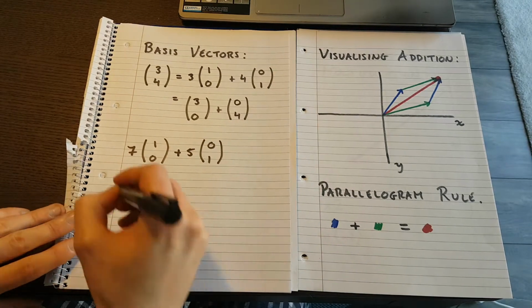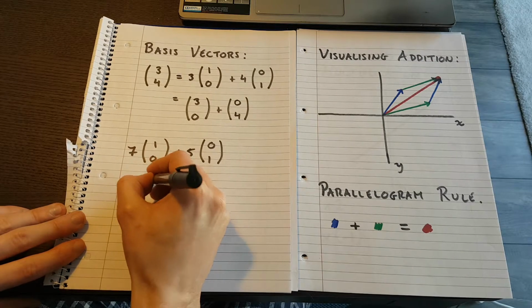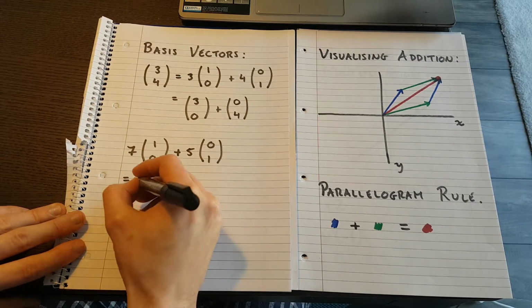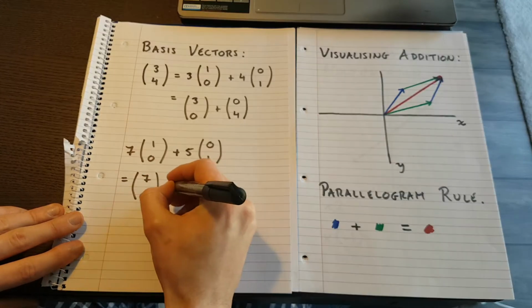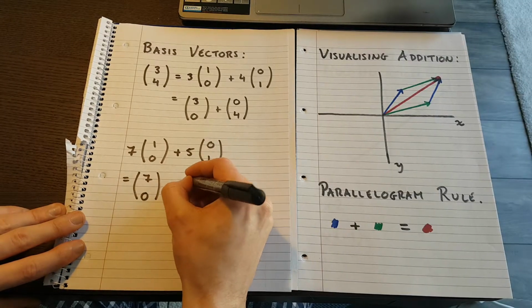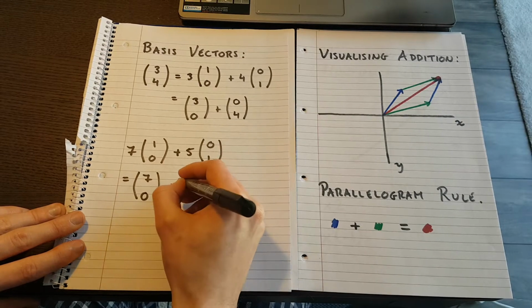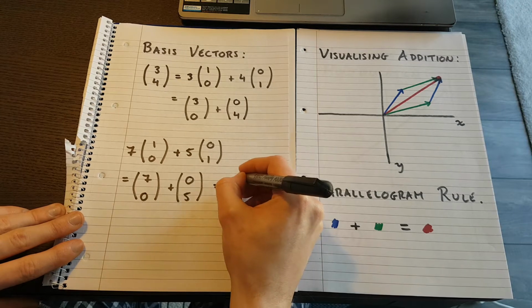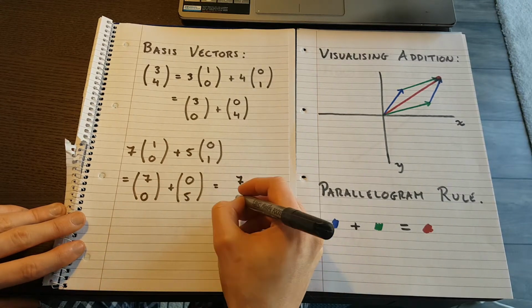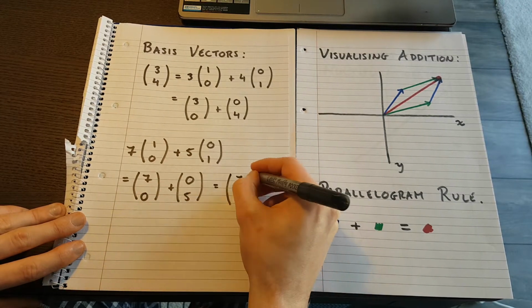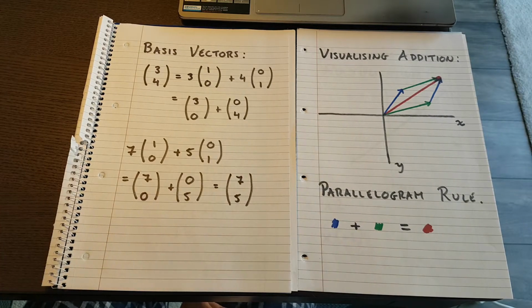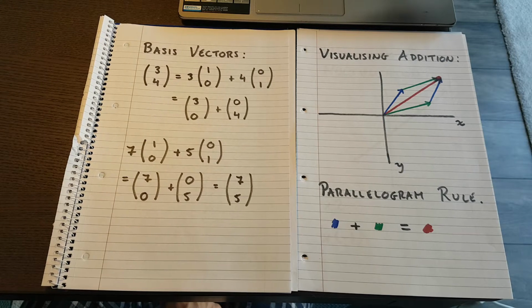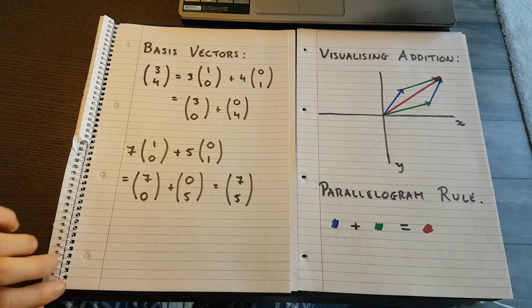This is fairly straightforward. It would be 7 times 1, and 7 times 0 is 0. Then 5 times 0 is 0, and 5 times 1 is 5. Now I add together: 7 plus 0 is 7, 0 plus 5 is 5. So the 1, 0 and the 0, 1 allow me to represent any two-dimensional vector.